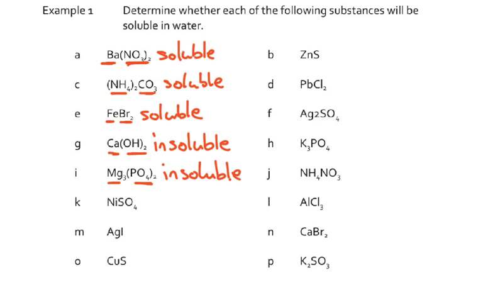K, we look up sulfate first, match it with nickel, that is soluble. M, look up iodide first, match it with silver, that is insoluble. O, we look up sulfide first and then match it with copper, that is also insoluble.